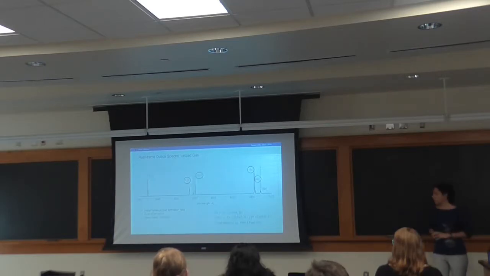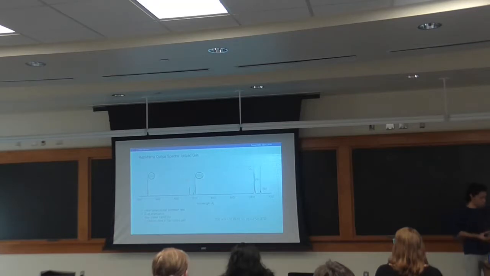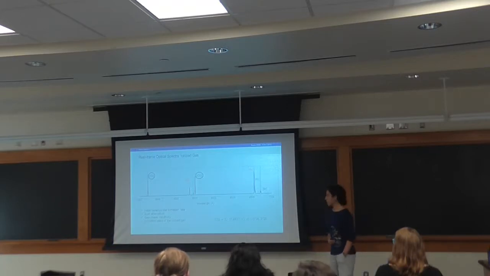If we add more lines, we can estimate the gas phase metallicity. Also, combining O II with these lines is another indicator of the gas phase metallicity in the galaxies. And the ratio of the two different ionization states of the same species, O III to O II, gives us an estimate of the ionization parameter in the ionized gas of the galaxy.